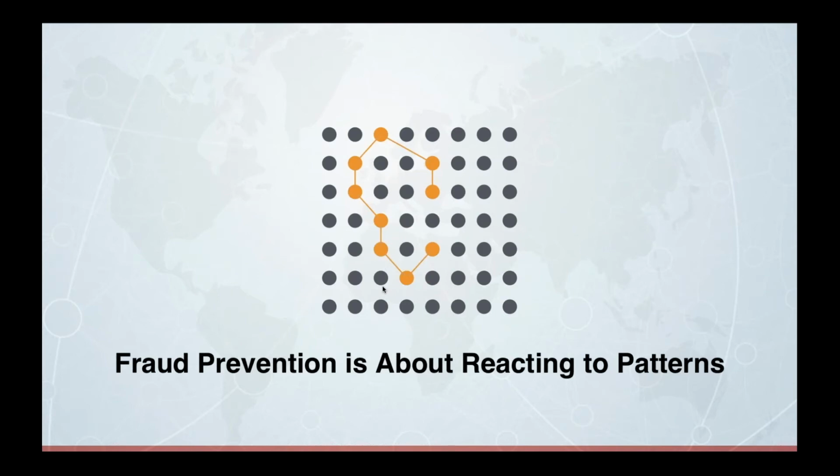These patterns can occur in many different ways and complexity. However, the job of a fraud prevention team is basically to react to patterns by first detecting them, and then second, react and respond. And doing all this as fast as possible, ideally in real time.